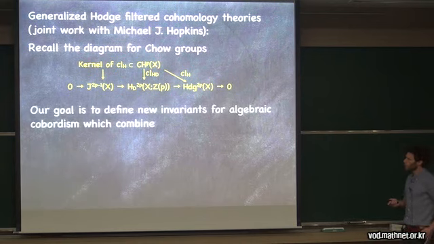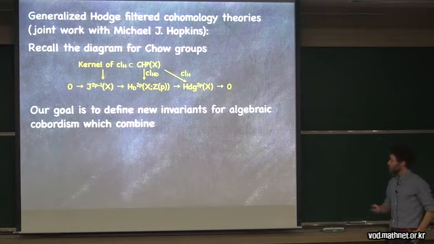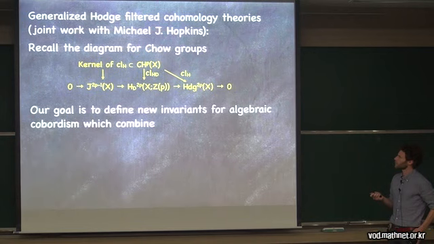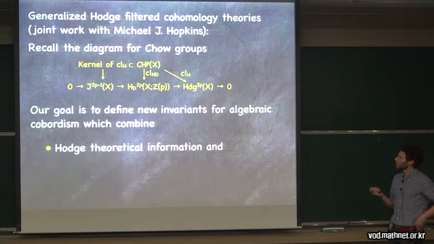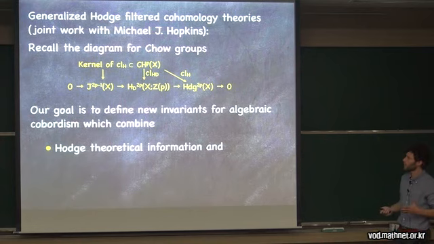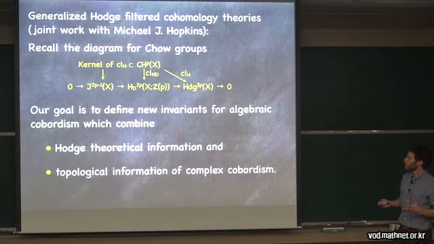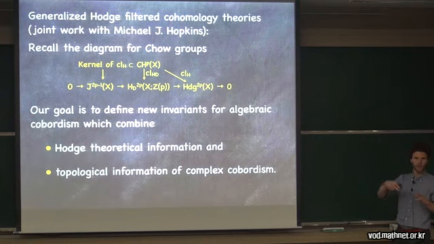So the goal for the next 20 minutes is to define new invariants for algebraic cobordism instead of the Chow groups, which combine Hodge theoretical information, because that obviously plays a role for the image, and also topological information of complex cobordism, because the natural map that we want to study is from algebraic cobordism to complex cobordism.